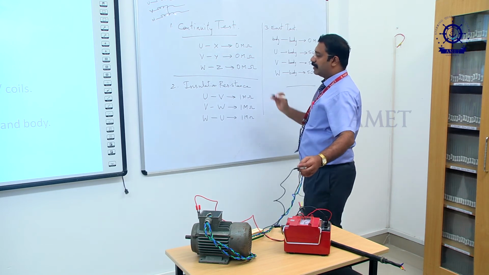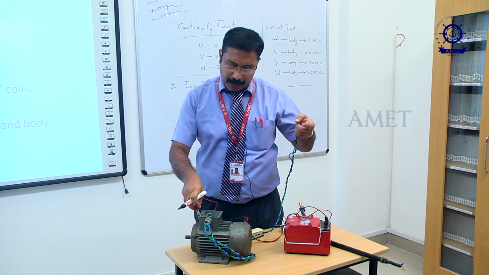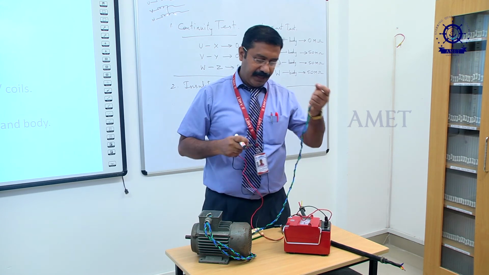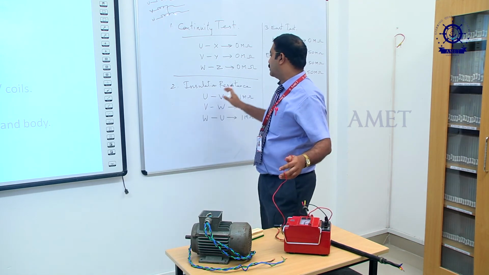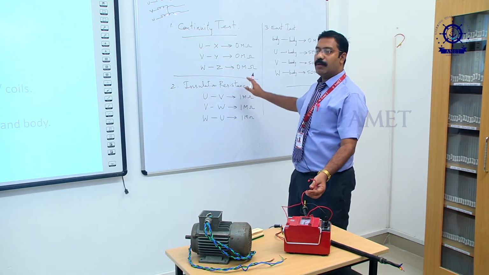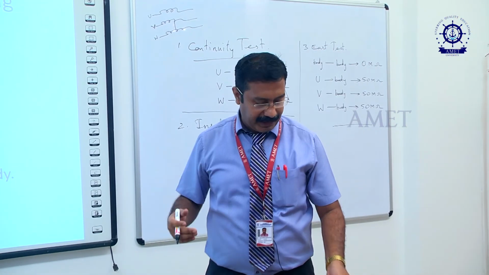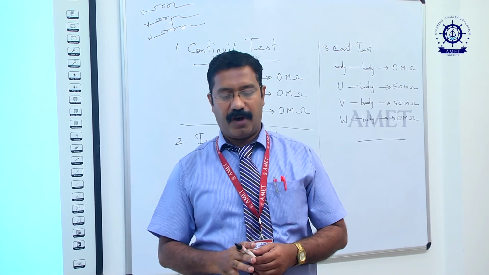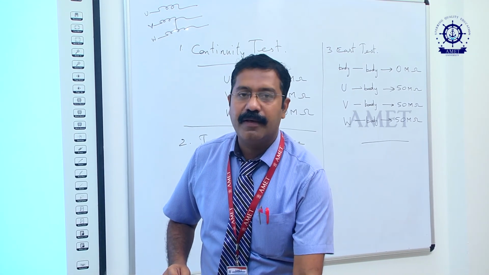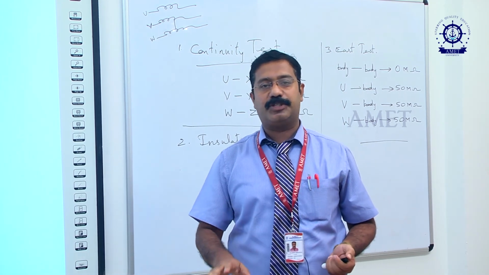Therefore, by this reading we can tell that the machine is in good condition, but the only thing is that the insulation resistance between the windings is less, that is 1 mega ohm. If it is going for a voyage, if we are going to take it on the ship, then before that we have to go for overhauling and maintenance of the machine.